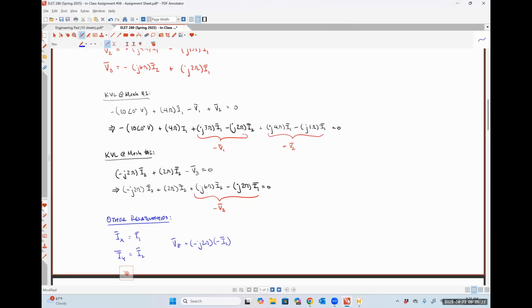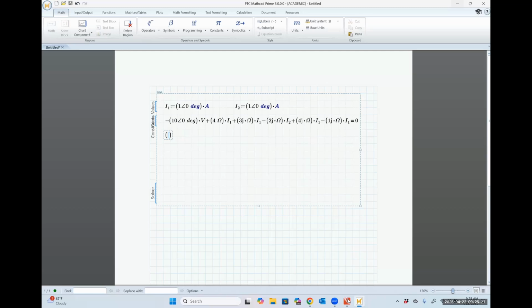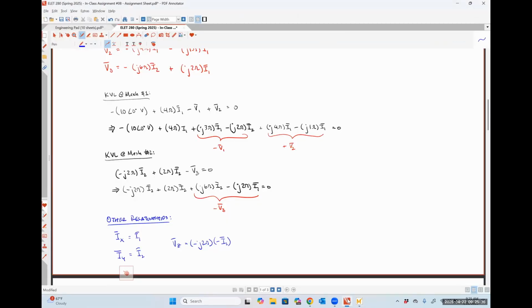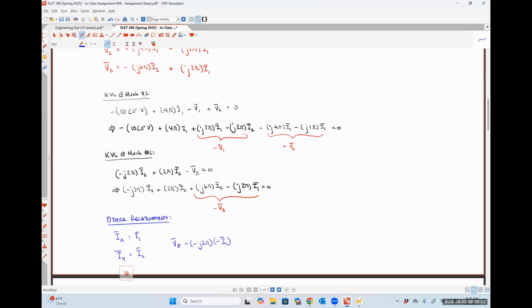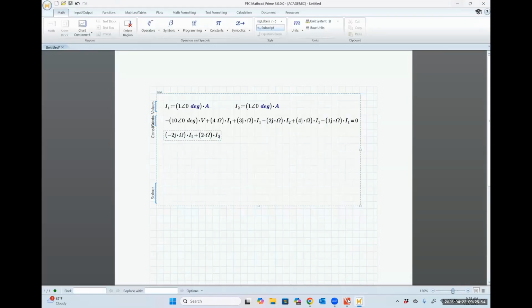Our second equation, I have minus J2 ohms times I2, plus 2 ohms times I2, plus J6 ohms times I2.